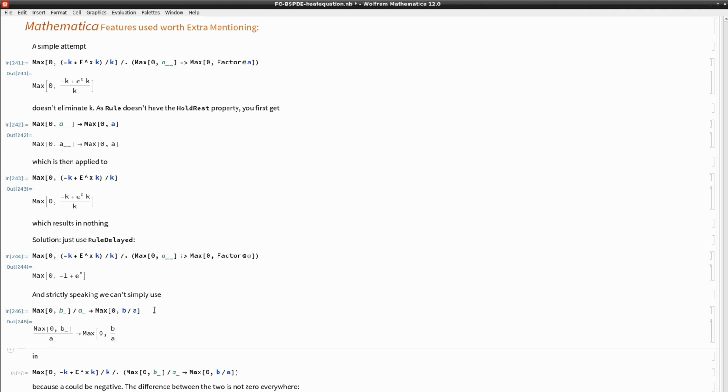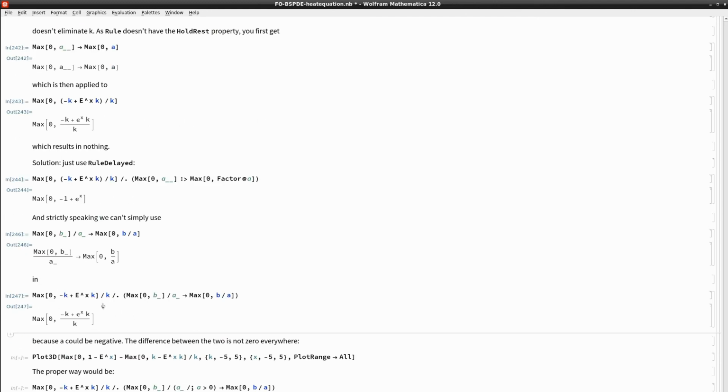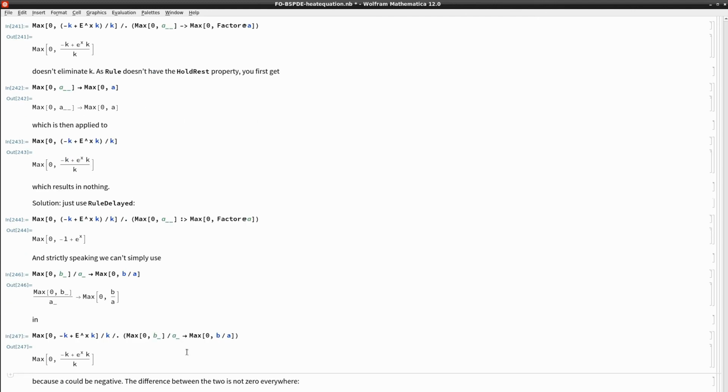If we use this, we really want to make sure that we're talking about positive numbers. We have this in the step here where we want to perform the division inside the Max. So the problem is that A could be negative. The divisor is A, and the divisor could be negative.